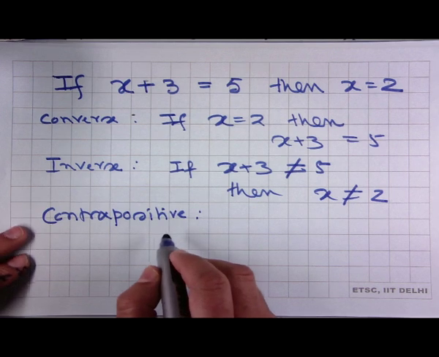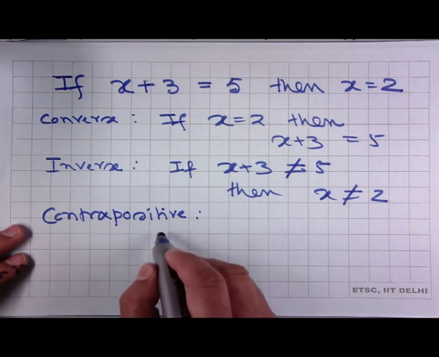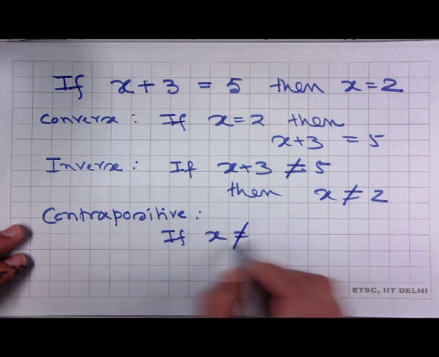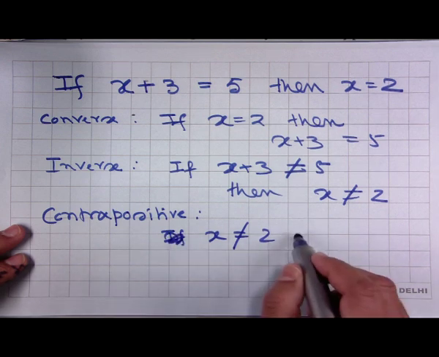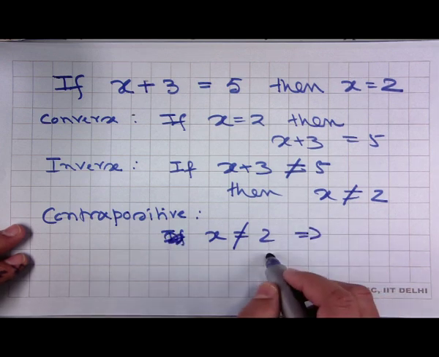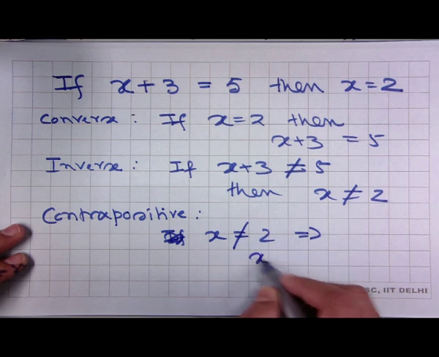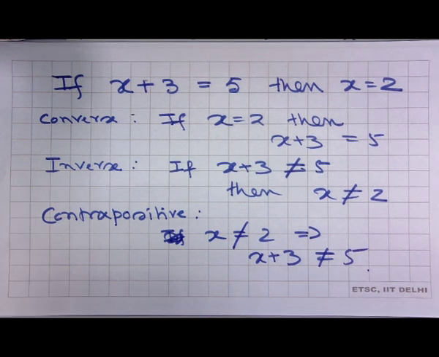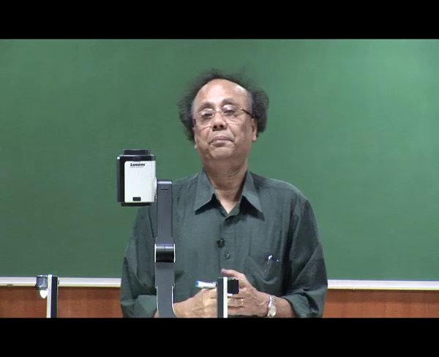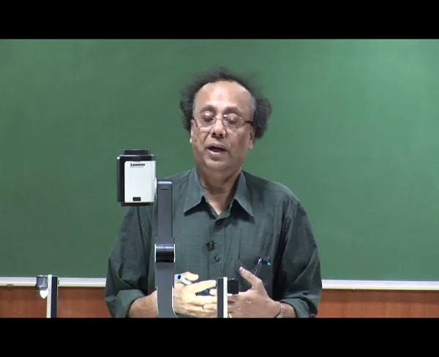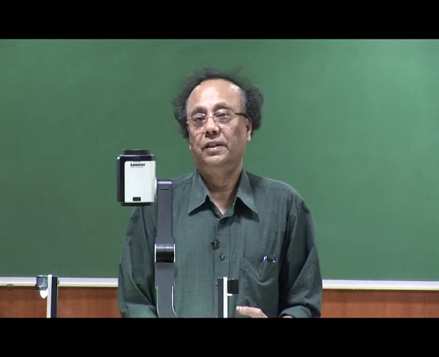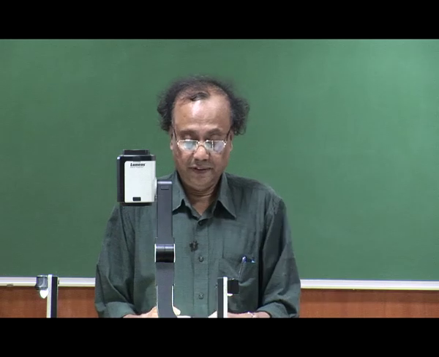It says that x not equal to 2 implies x plus 3 not equal to 5. So, these simple examples help us to understand the significance of contrapositive, converse and inverse.